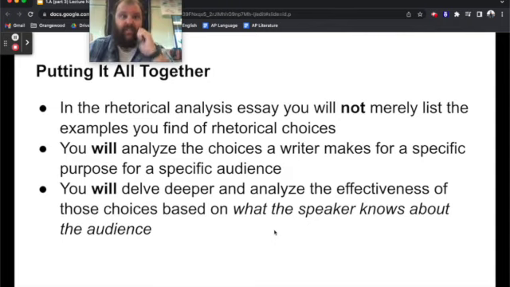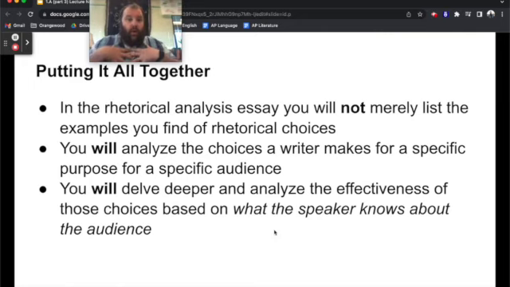Imagine Sojourner standing up in this room and talking to these people. She is the speaker of this text, this thing that she's spoken into existence. Sojourner Truth's speech did not exist until she spoke it, right?